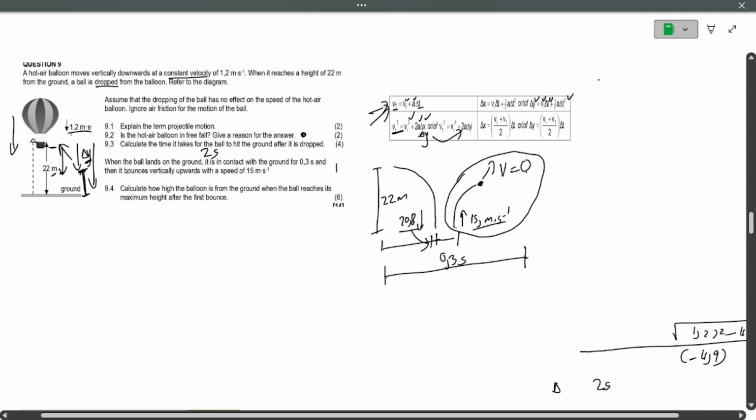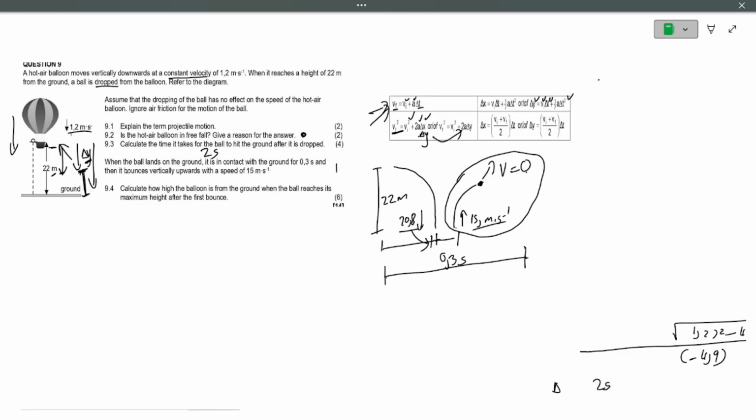So now, there are sections of time that we have. We have the section from the time it was thrown to here. We calculated it is 2 seconds. Then 0.3 seconds from here to here is the contact time. And then we are looking for the time from when it leaves the ground to when it reaches the maximum height.